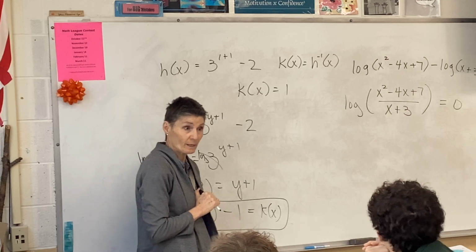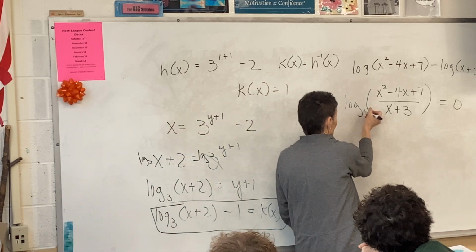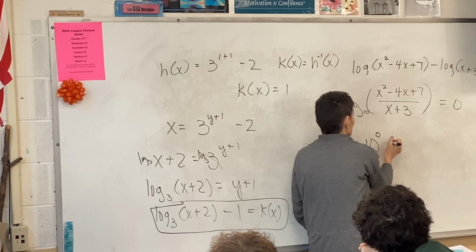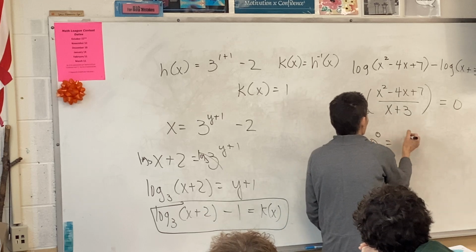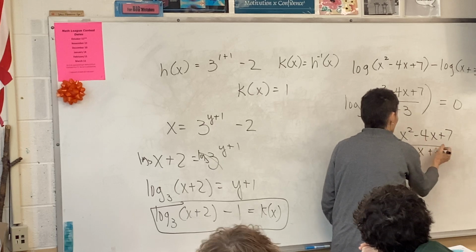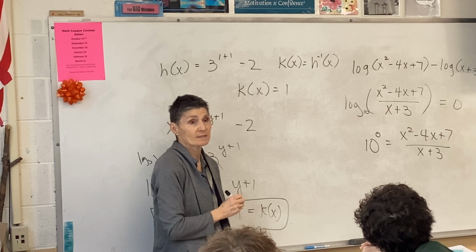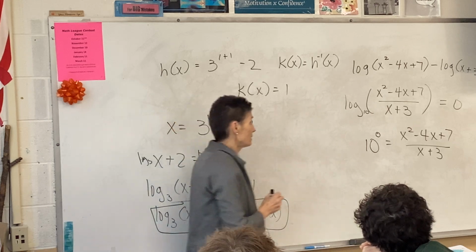You could loop-de-loo it, right? So what's my base here? So 10 to the 0 is x squared minus 4x plus 7 over x plus 3. Would you agree with that? What's 10 to the 0? 1.